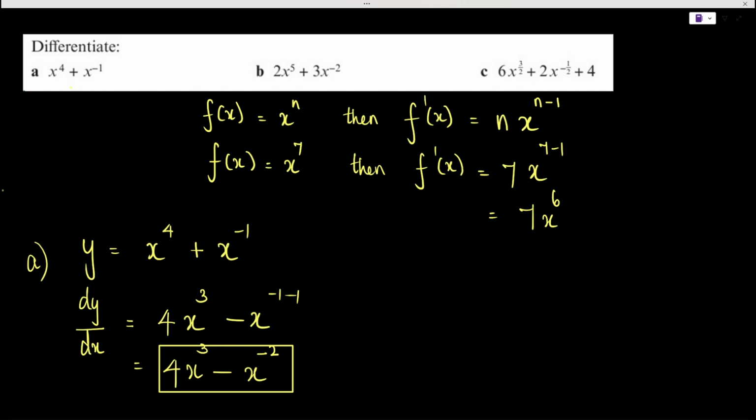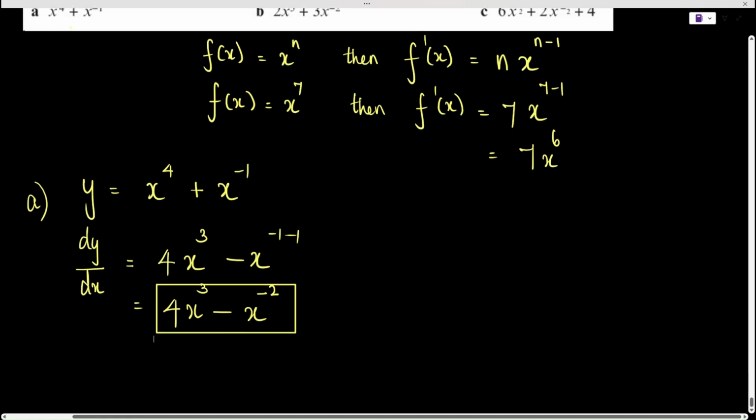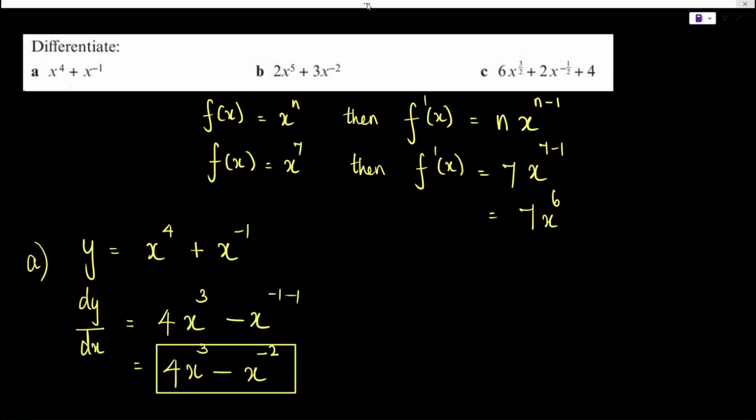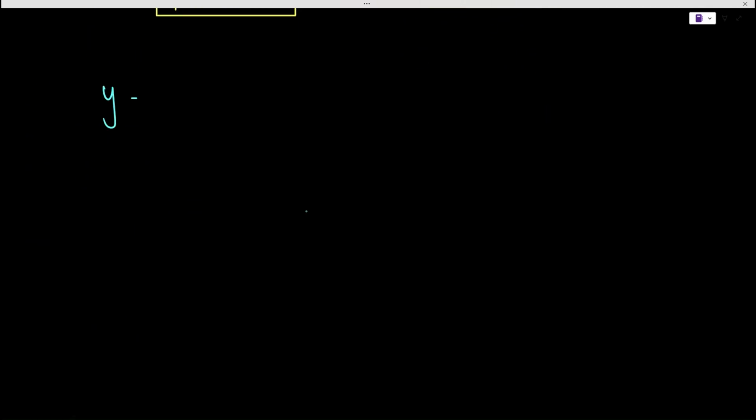For B, we can write it as y is equal to 2x to the 5 plus 3x to the minus 2.